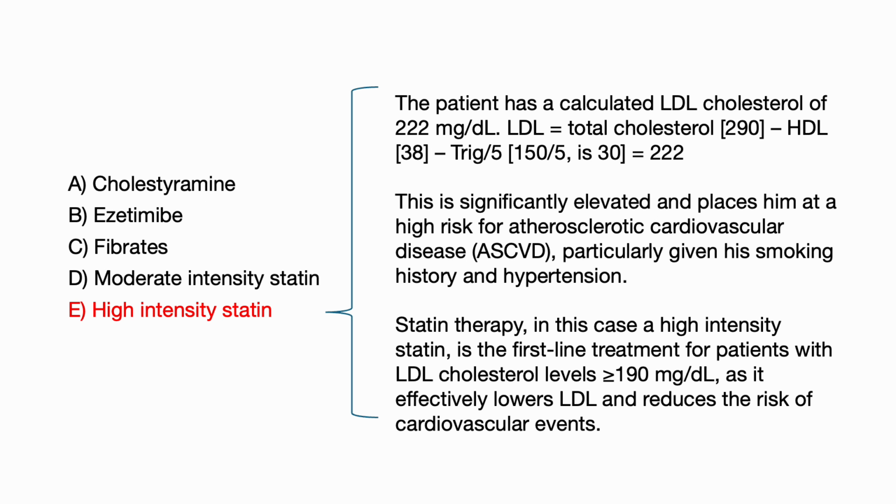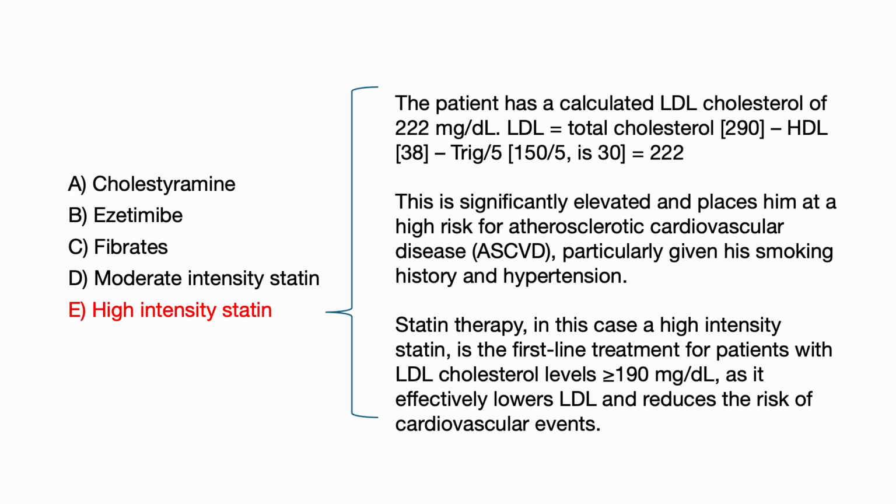The patient has a calculated LDL cholesterol of 222. LDL is equal to total cholesterol, which is 290 in this case, minus HDL 38, minus triglyceride over 5, which brings it down to 30. So, given this formula, the LDL cholesterol is 222, which is above 190.